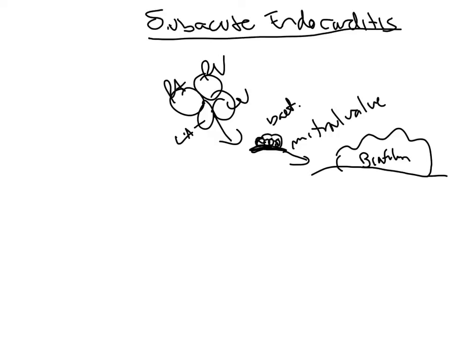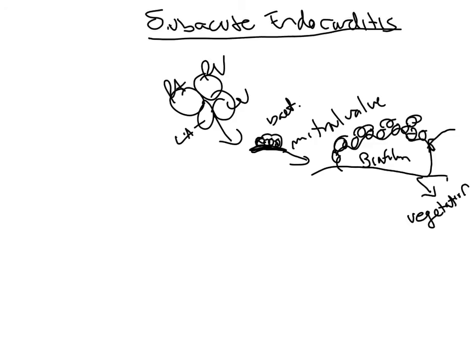They are going to elicit an inflammatory response. So ultimately what you're going to have here is an inflammatory infiltrate at this point, and this is going to become even more sticky and gooey, and this would be what we would call a vegetation.